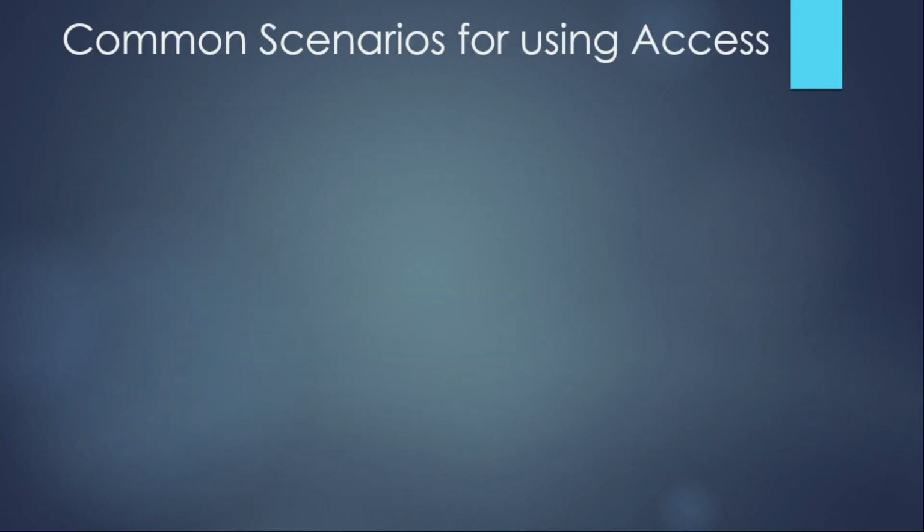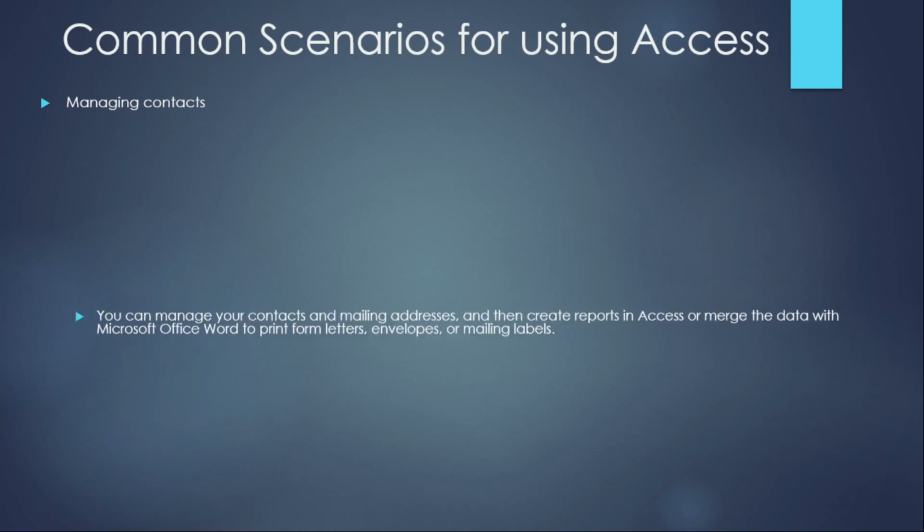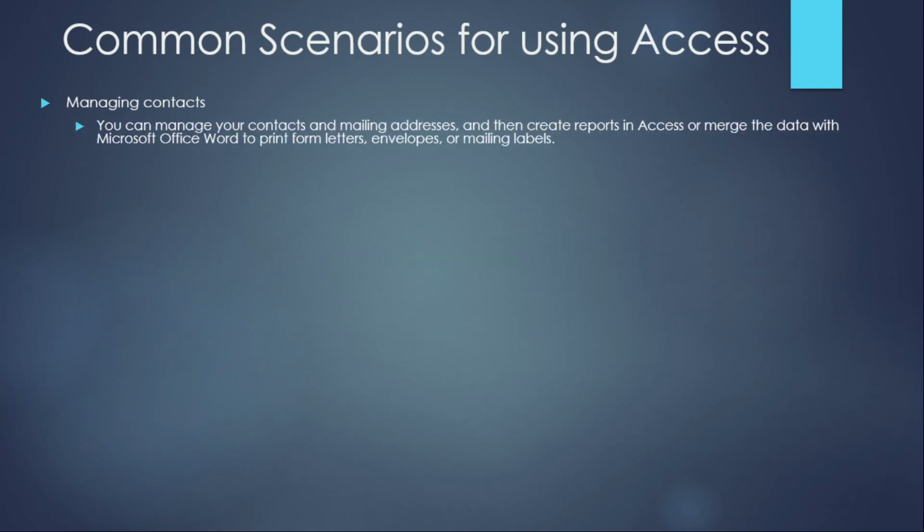Common examples for using Access: if you want to manage contacts, you can manage your contacts and mailing addresses and then create reports in Access or merge the data with Microsoft Word to print form letters, envelopes, or mailing labels.